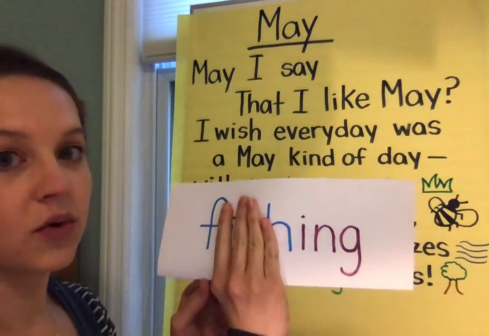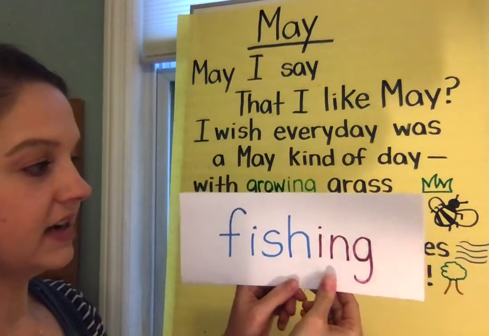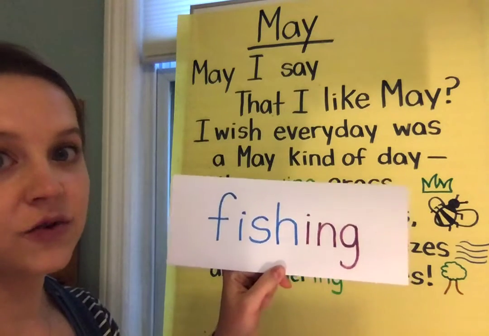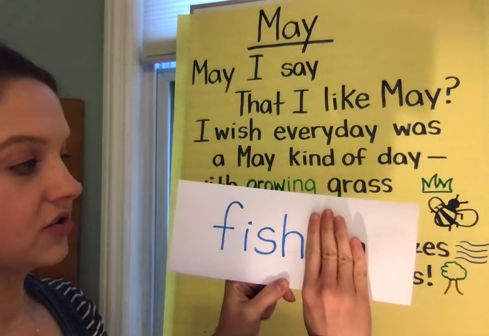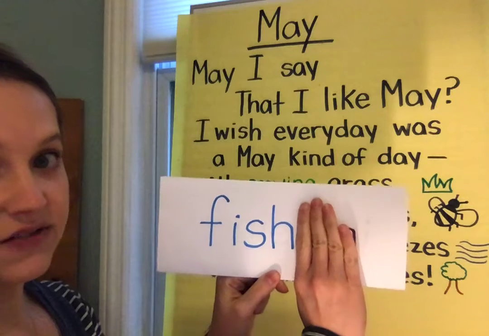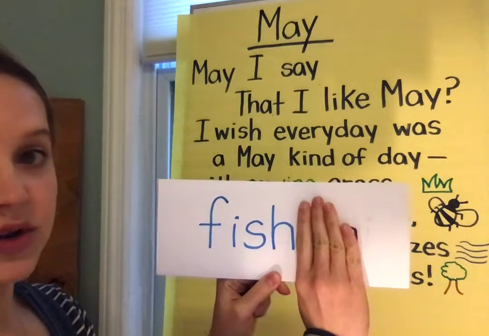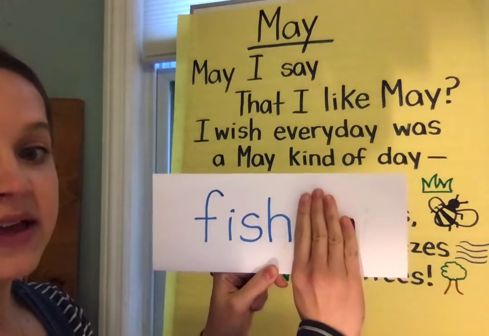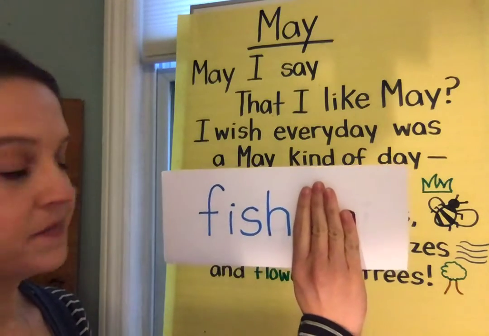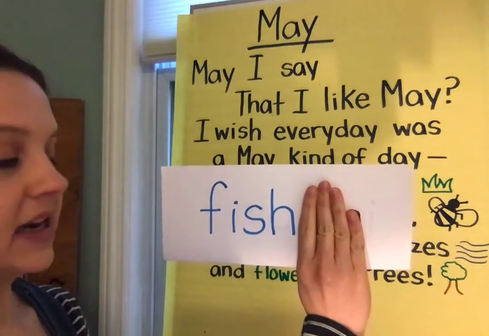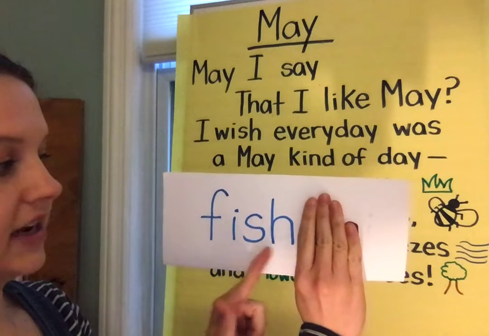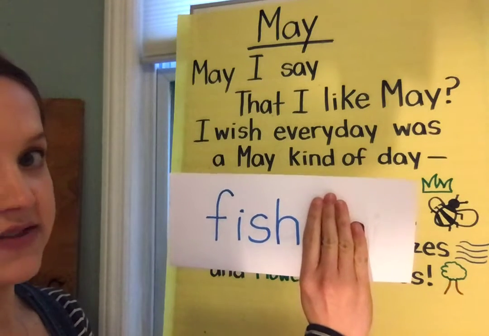When you read a word with an ing ending, you can chunk it. First thing that you want to do is chunk off the ending and figure out the other part of the word. Most of the time you can do that by stretching the beginning part of the word. Let's see if we can stretch this beginning together. Pay close attention to this digraph at the end.